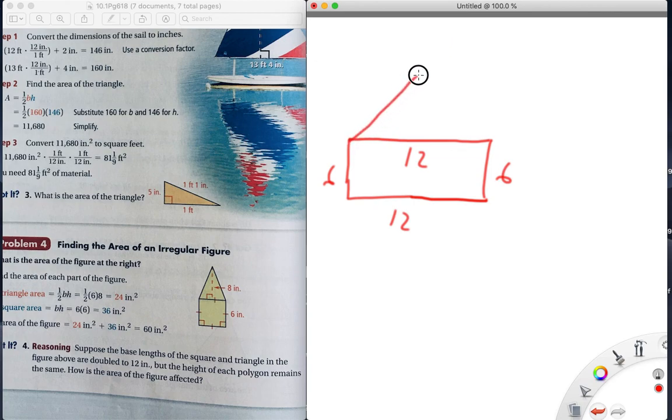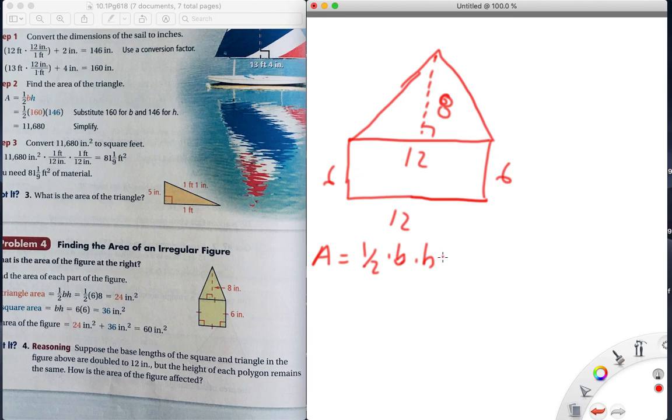They said that the height of the triangle is still the same. For 90 degrees, so this is still 8. So this is still 8, that's still 6. We're still doing the same thing. So area of a triangle, 1/2 base times height.